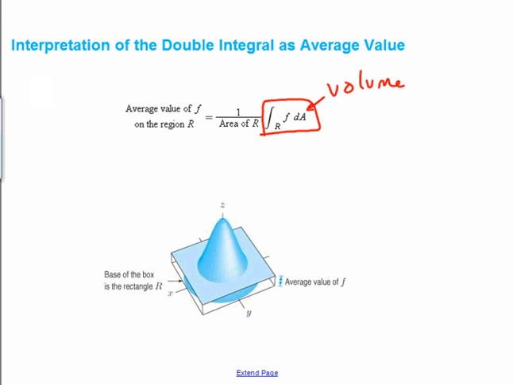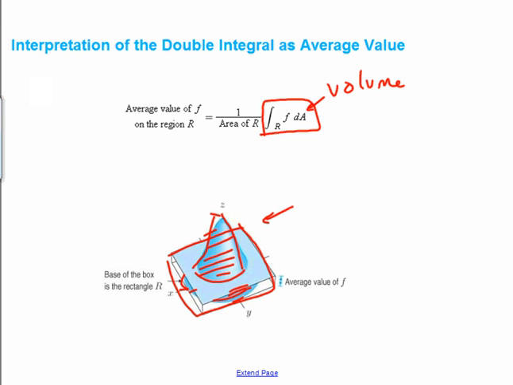So for example, right here, on this graph here, what that's giving me is the total volume over that whole entire region. So how much volume does that function contain?